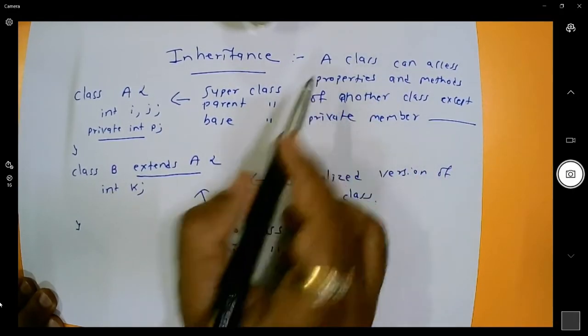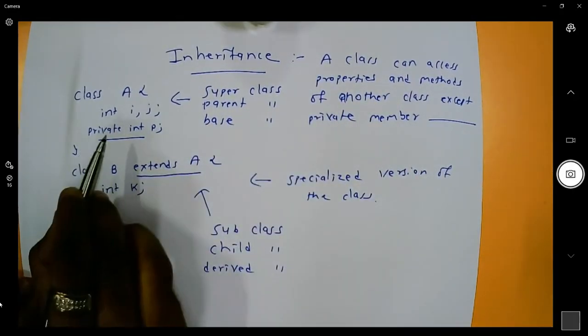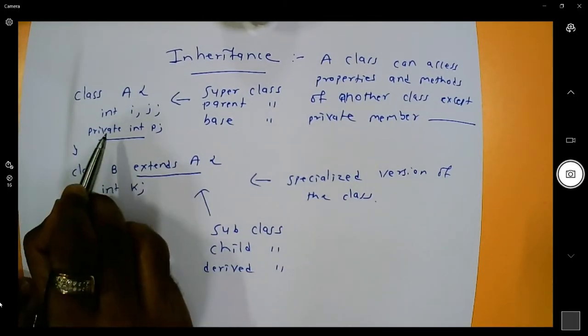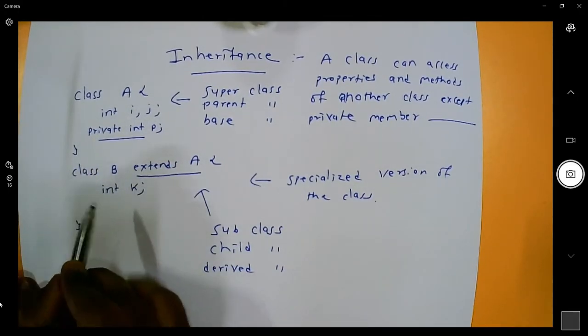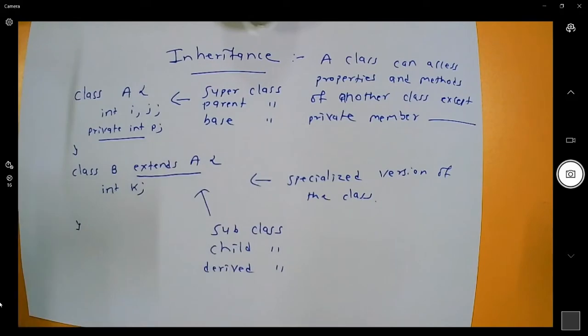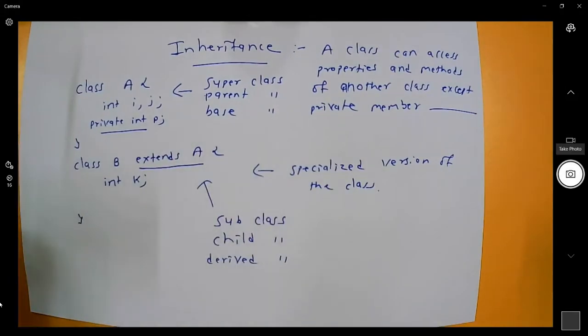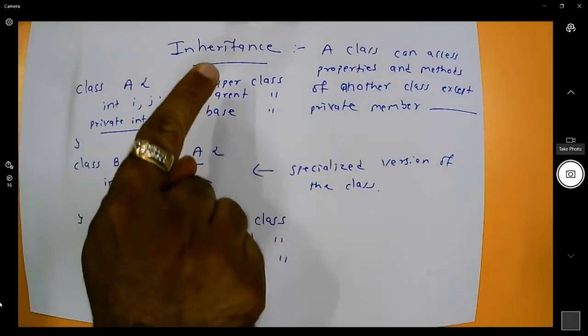So this class can access the i and j of another class, except the private members. That is known as inheritance. So you can say this is just a simple theory about inheritance.